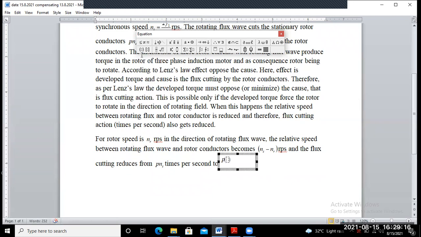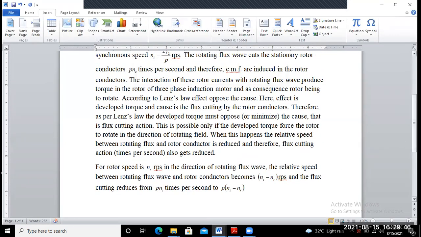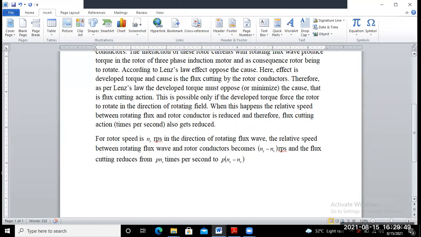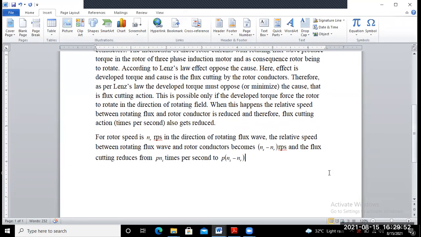So flux cutting action reduces from P into ns times per second to P into (ns minus nr) times per second.